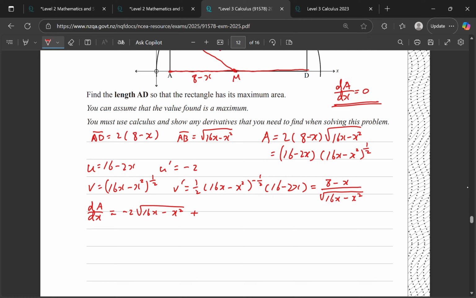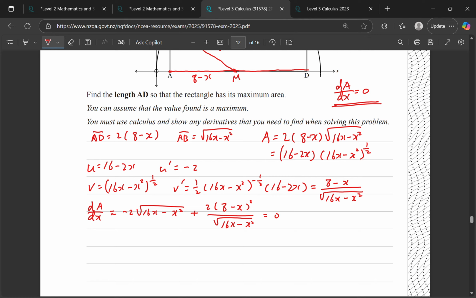If I factorize by 2, I get 2 times 8 minus x squared, over the square root of 16x minus x squared. Okay, so that is 0.